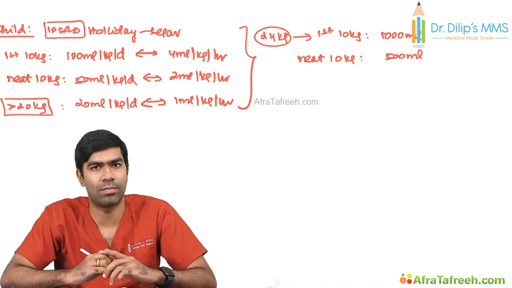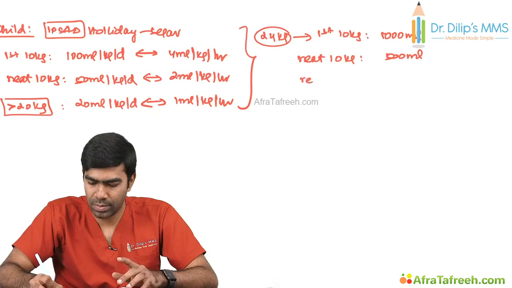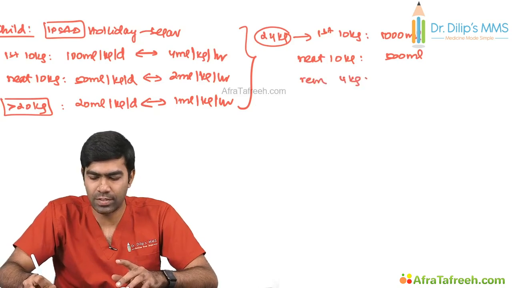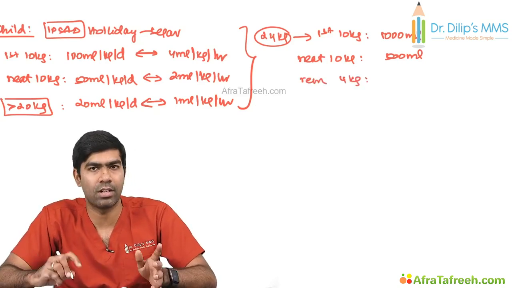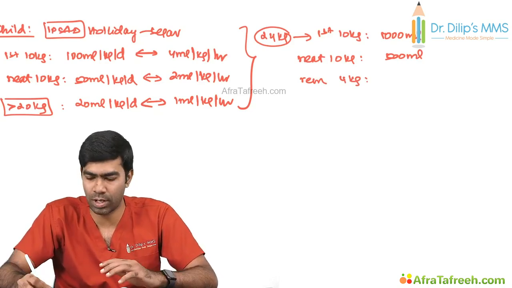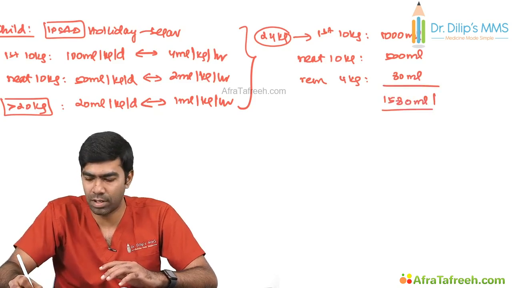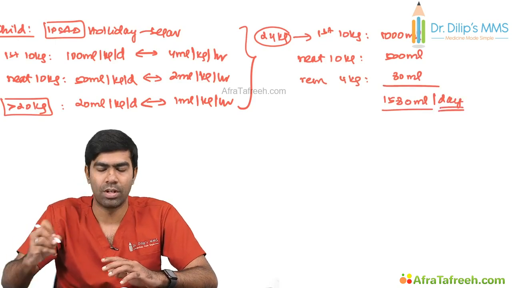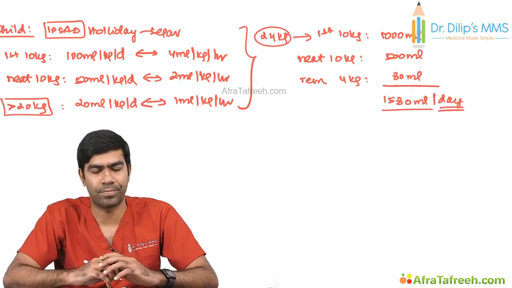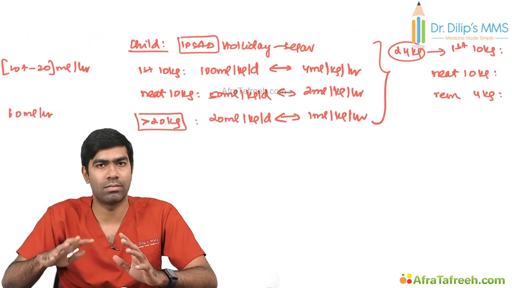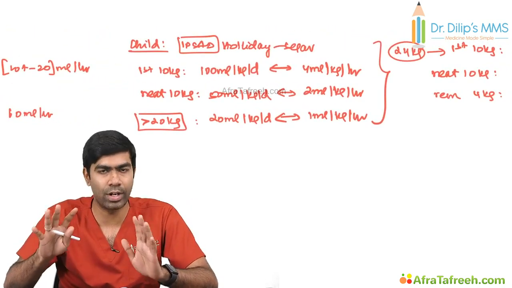And for the remaining 4 kilogram, because the child is weighing 24 kilogram, I'll be adding 20 ml per each kilogram. So I'll be adding another 80 ml, which will complete the calculation, that is 1580 ml, which should be distributed over a period of 24 hours in an entire day. So this is the maintenance fluid, not the calculation along with the deficit, maintenance fluid alone.